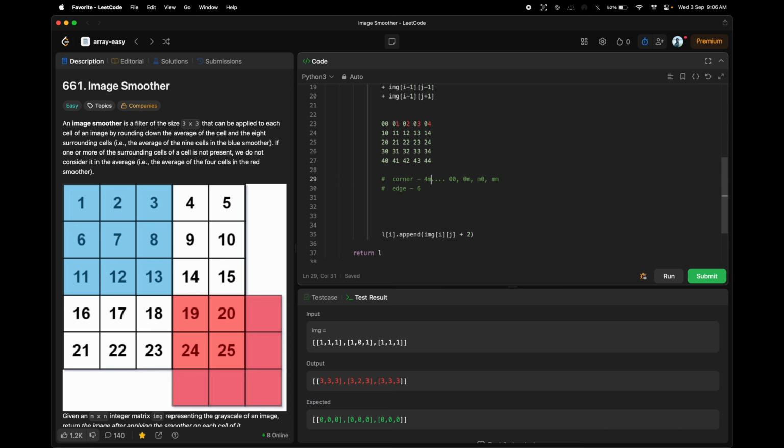Now how to identify the edges? Edges can be identified. They will have 1 in them. Oh, no. Okay, so they should start with... Edges would be 0 1, because this is also an edge, no?